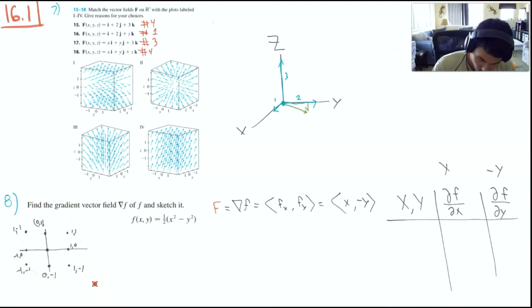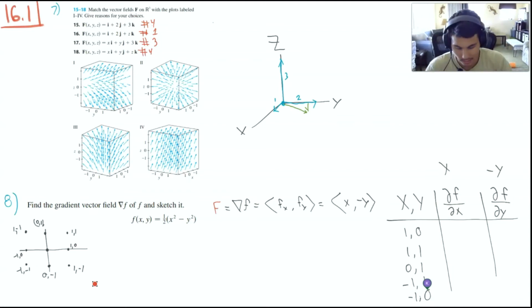So if we start at 1, 0, and we go to 1, 1, and then we go to 0, 1. I'm just completing the round. We go to negative 1, negative 1, 1, and we go to negative 1, 1, negative 1, 0.